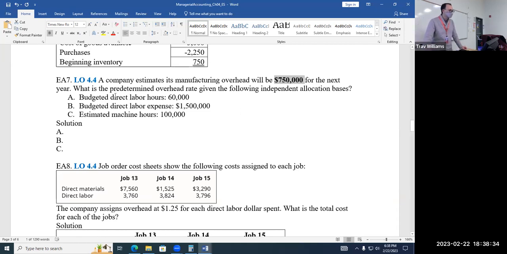So they could use direct labor hours as their driver, and they would need an estimate of how many direct labor hours they expect to use. They could use direct labor cost or expense, or they could use machine hours. So all we need to do in this exercise is calculate what the overhead allocation rate would be. And that's really simple. You just take your estimated overhead, divide it by your estimated driver, and you have your rate.